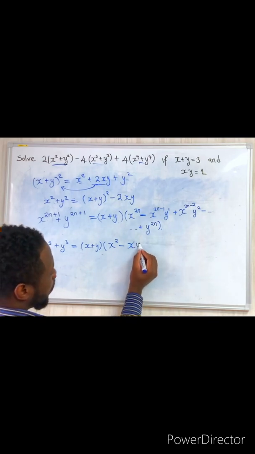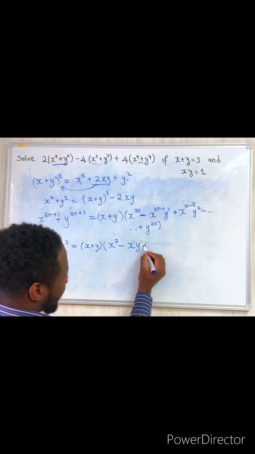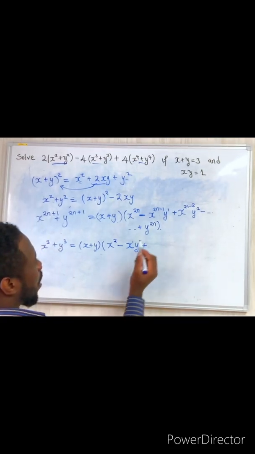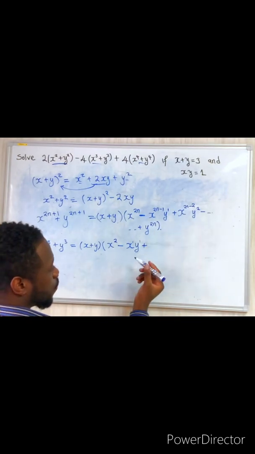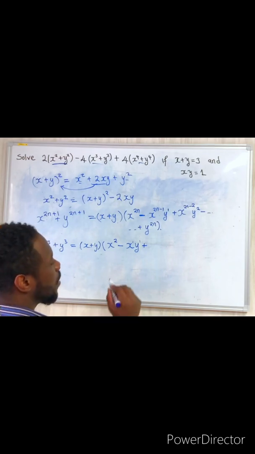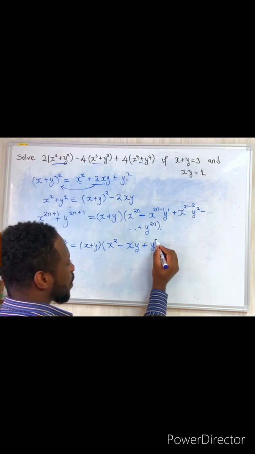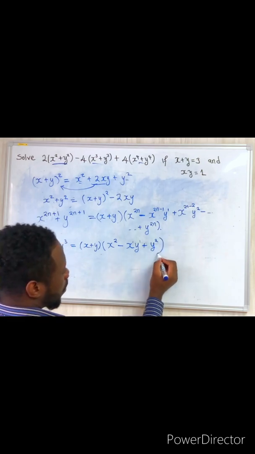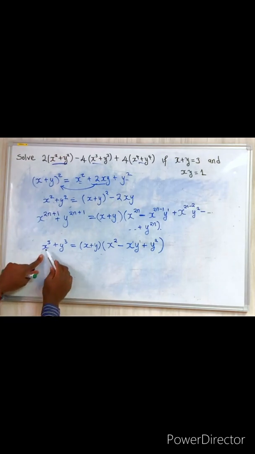Then this multiplies with y to the power 1, plus, now 2n, which was our 2, minus 2 just gives us 0, and any number to the power 0 is just 1. Then our y will be equal to the power of 2. So this is how you expand x³ + y³, like this.